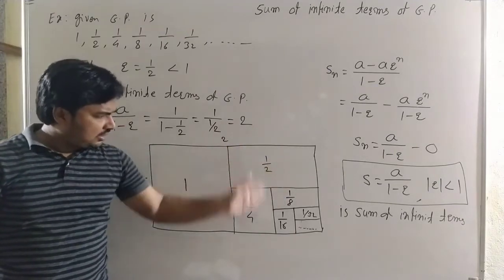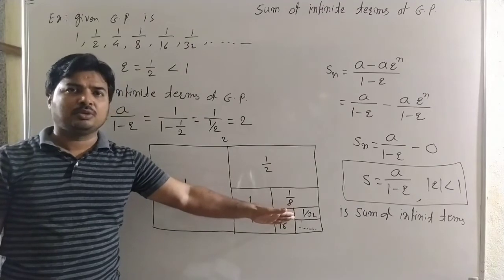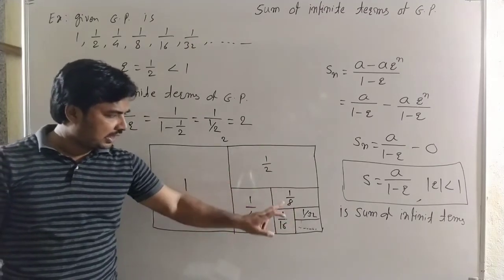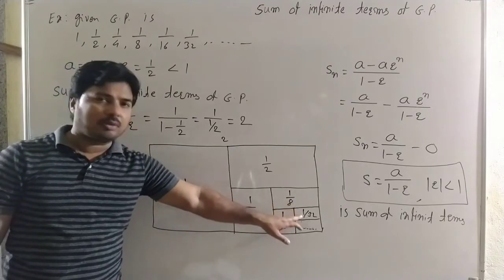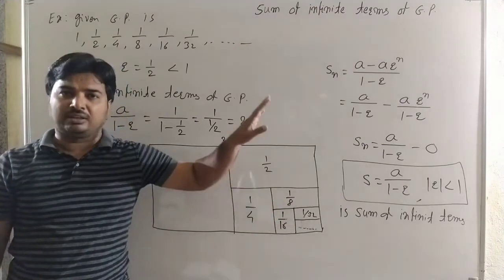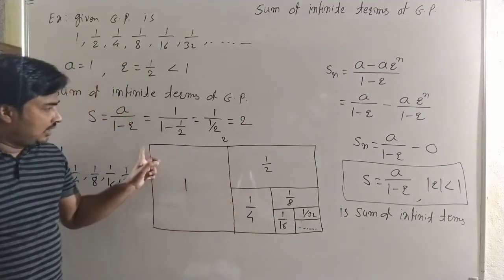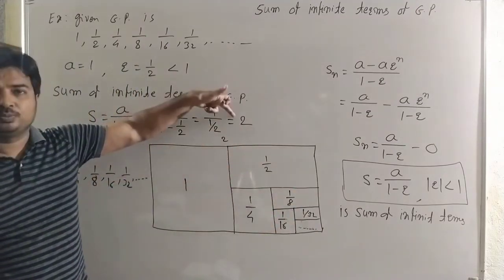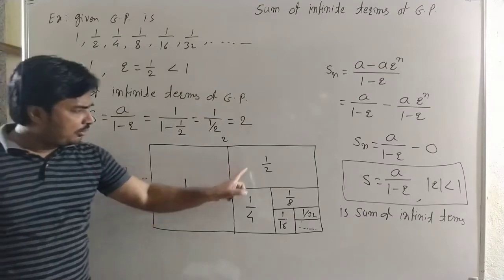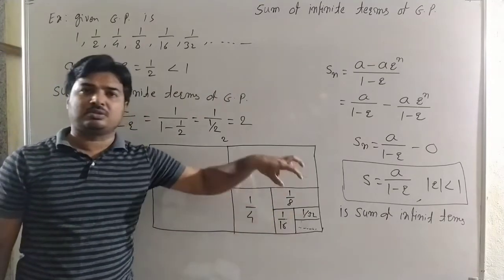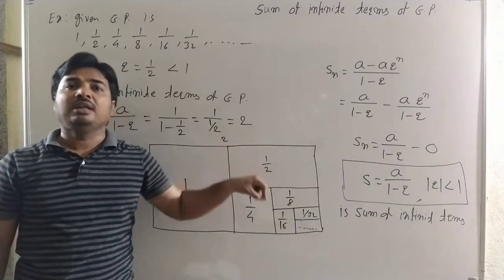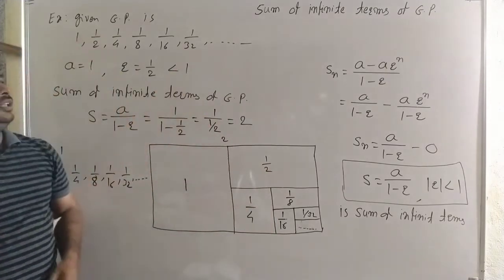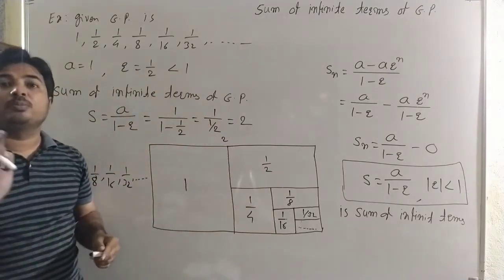Then we take equal parts of the rest: 1 by 2, 1 by 4, 1 by 8, 1 by 16, 1 by 32, up to infinite terms. The area of the rectangle is fixed, that is 2. That means the sum of all infinite terms becomes 2, the sum of the infinite terms of the geometric progression.